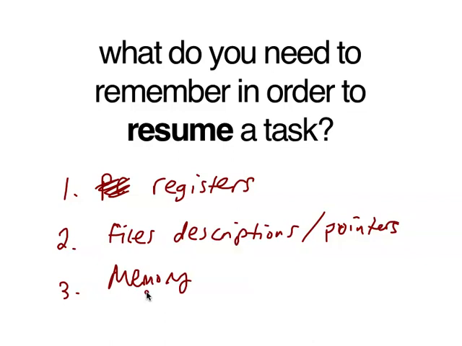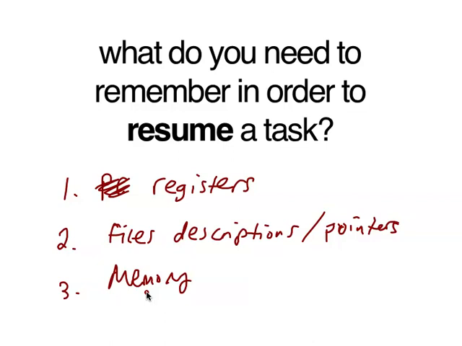Now, in the pre-class activities, I asked you to just open up the task manager on Windows or activity monitor on Mac, just to see what are the tasks, what are the processes running on your computer. If you've done that, you will have seen that there is additional information associated with a process, or with a task.